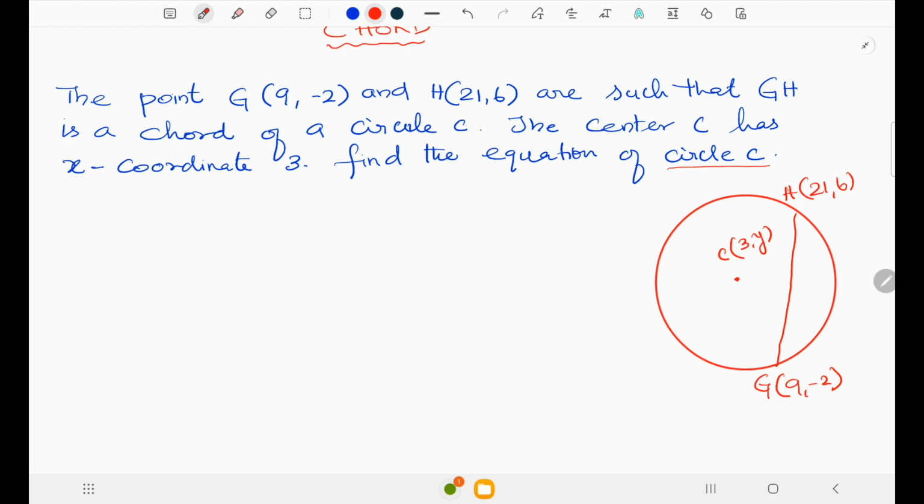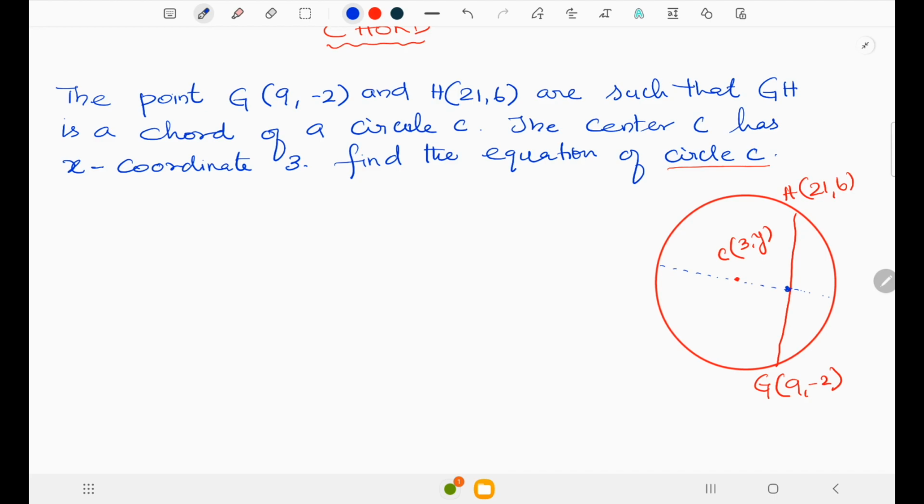Now here, in the last video we have seen the perpendicular to the chord which passes through the center. If a line is perpendicular to the chord and passes through the midpoint of the chord, then the line always passes through the center.